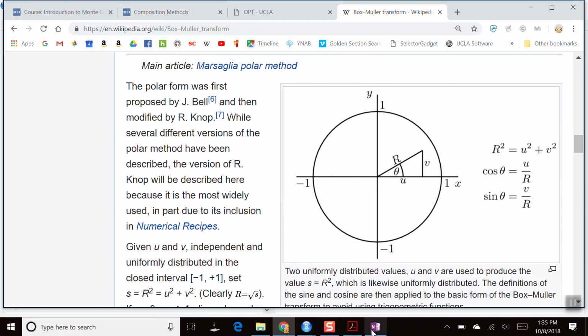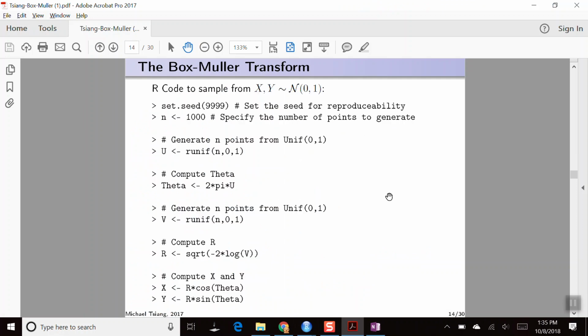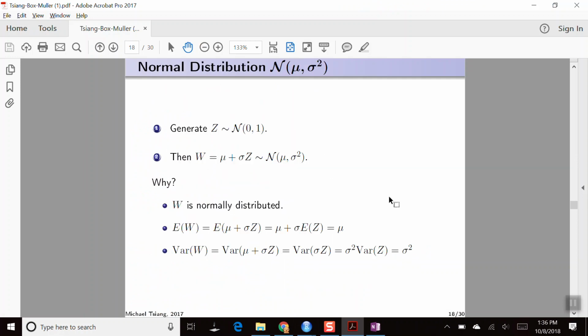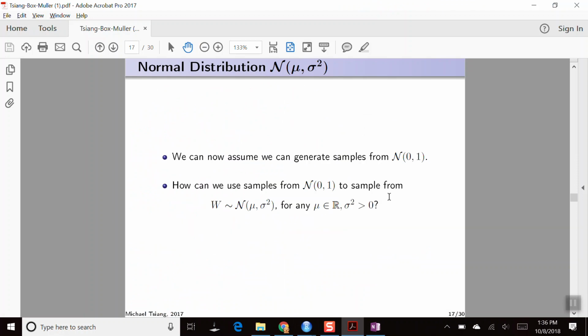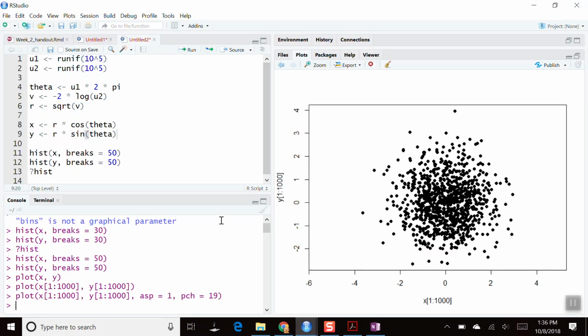Anyway, so that's the Box-Muller transform. Oh, here we've got the values to get the plot there. Okay. So now we are able to generate values from the standard normal distribution.